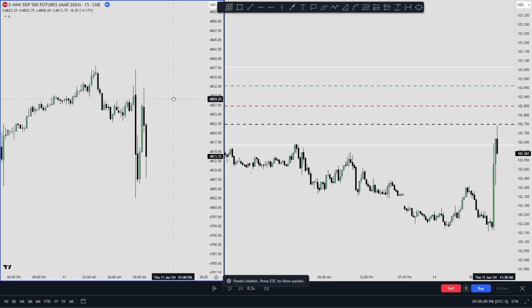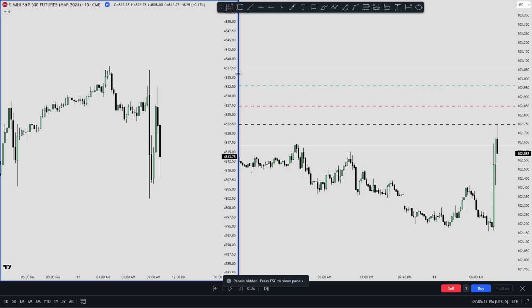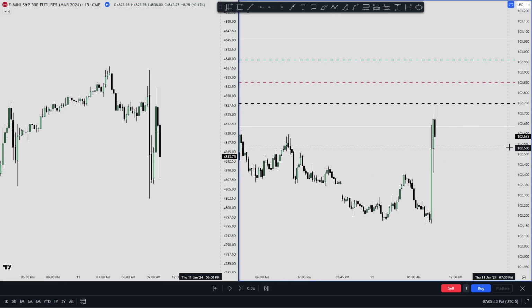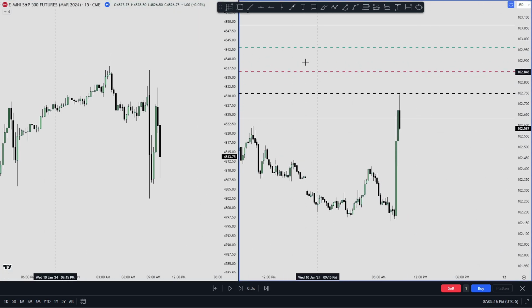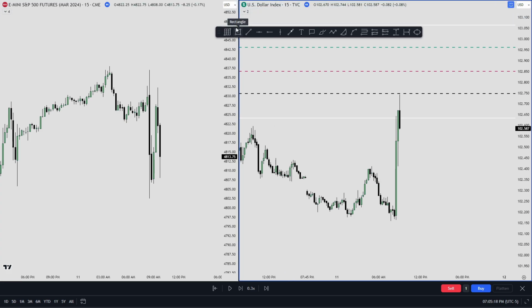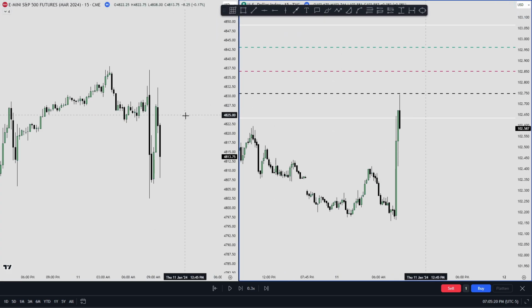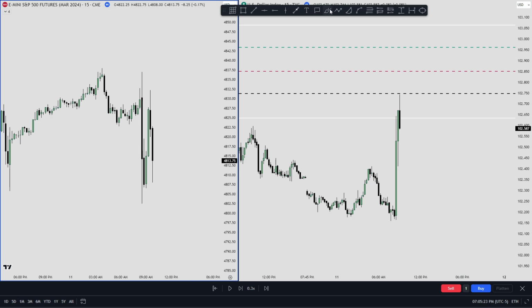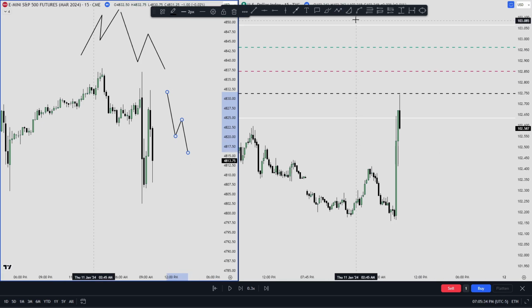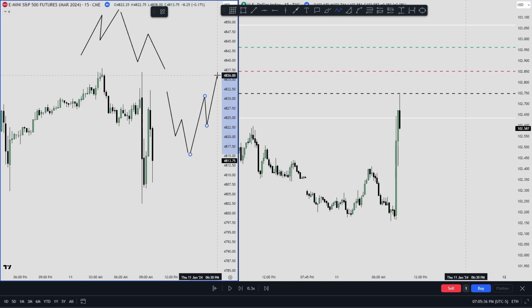Next thing we want to look at here is the correlated markets with the ES and the dollar. As you can see, US dollar index and the S&P 500. So like I mentioned, we want to see the ES go higher, the dollar also has to go lower, and vice versa. As the ES is going lower, the dollar has to be going higher.